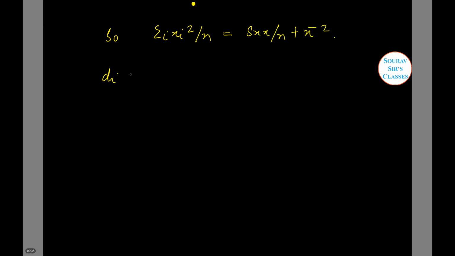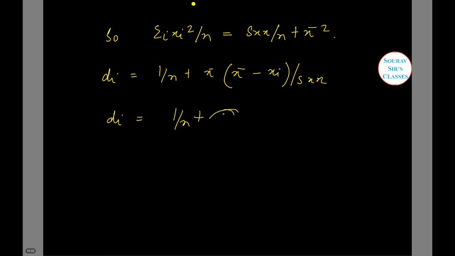Then di can be written as this, or in a more familiar form, di can be written as 1 by n minus x bar times xi minus x bar by Sxx.